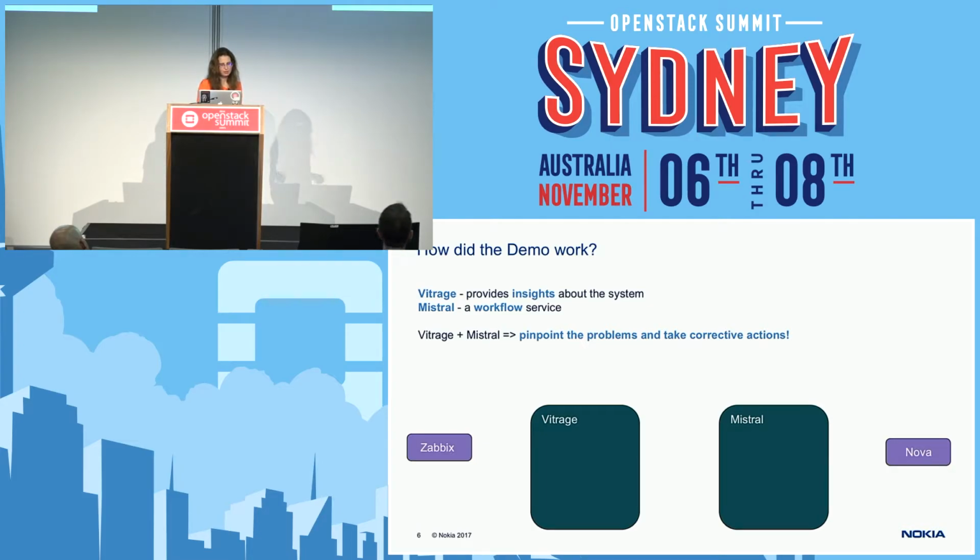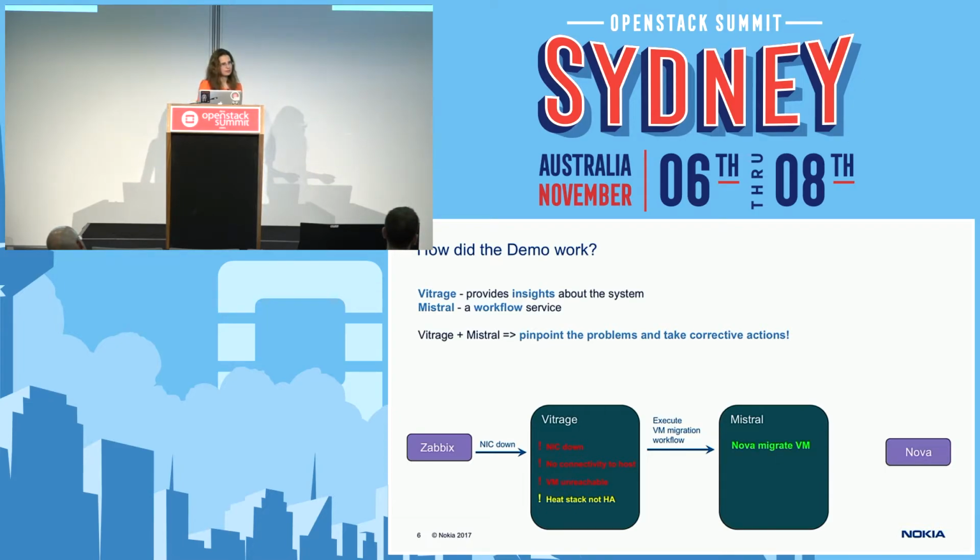In this demo, we saw how Zabbix notified Vitrage about the failure. Vitrage updated its state with the NIC failure and created additional alarms on the host, on the instance, and on the heat stack. Then Vitrage asked Mistral to execute a workflow with several tasks for VM migration.